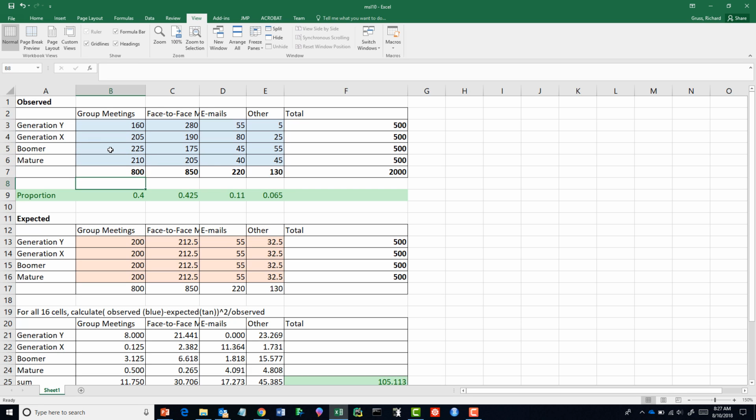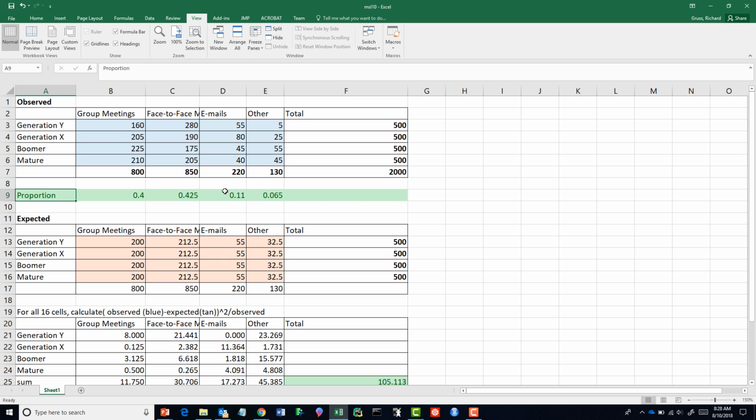Okay, and likewise down here, if in general 850 out of 2,000 people prefer face-to-face meetings, then that would be true for all generations. So what I had to do was figure out this general proportion, and I put that here in the green. Here I took 800 and divided it by 2,000. Okay, so these are the proportions for each different type of communication.